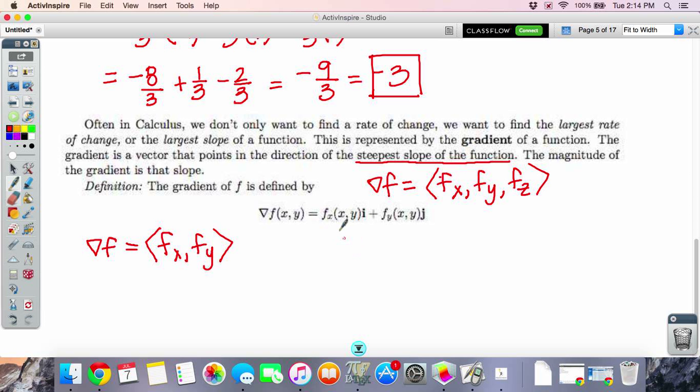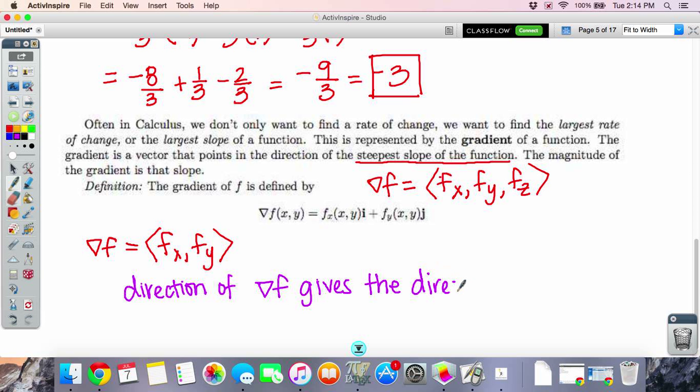So there are 2 pieces of information hidden in this function. First of all, the direction of the vector. The direction of this gradient vector gives you the direction of the steepest slope.